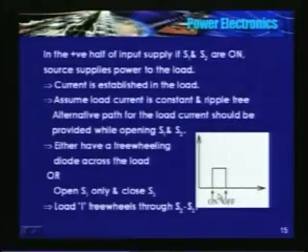So, if I keep S1 and S2 on, current is being established in the load. At this instant, I will turn S1, S2 on, assuming that this is a positive half cycle. For this duration, S1, S2 should be on. Source supplies power to the load.